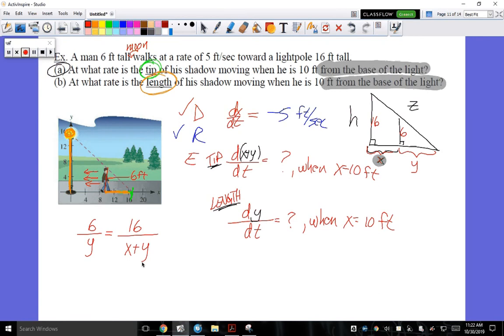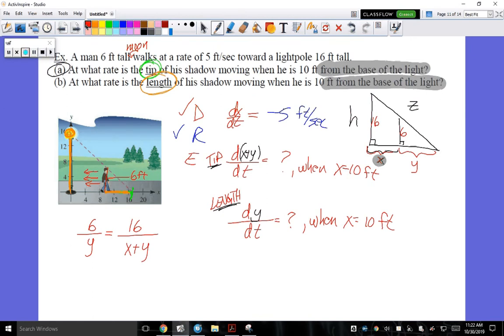Now, can someone tell me, why did I put 16 instead of h? Because it's constant. Because I keep saying flagpole, that light post will not change. Okay? Why is it 6? Because hopefully that person's height doesn't change as they moonwalk. Okay? That'd be cool.